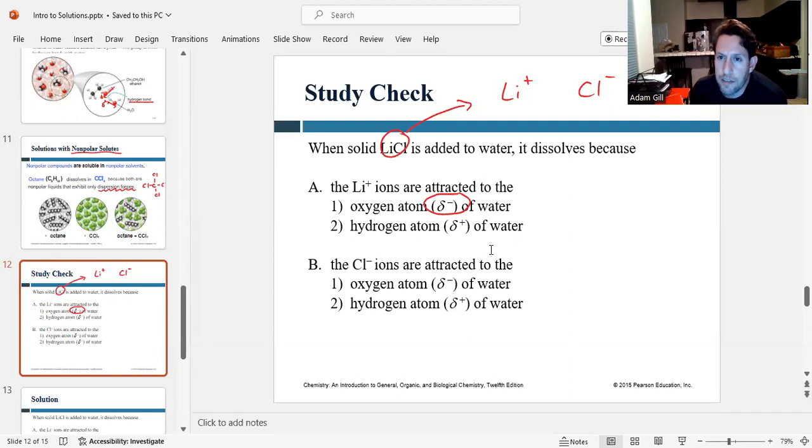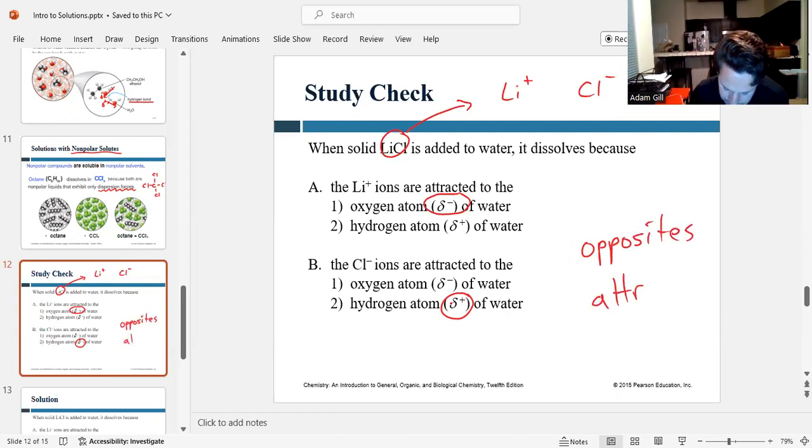And the chloride ions, because they're negatively charged, will be attracted to the partial positive of the water. So remember, opposites attract. So the lithium is going to be attracted to the oxygen of the water, and the chlorine is going to be attracted to the hydrogens of the water.